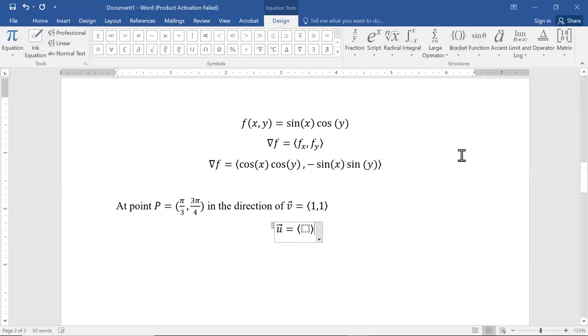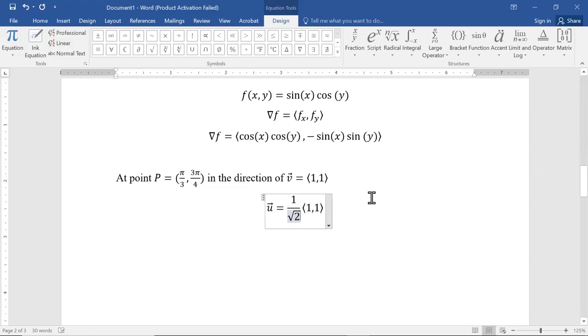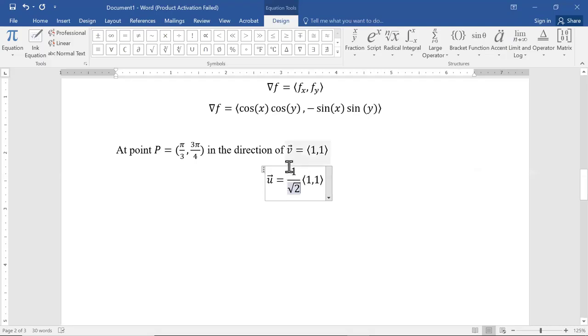So I can't just take 1, 1. I'm going to have to take 1, 1 times 1 over the magnitude of that vector. The magnitude of that vector is going to be the square root of 1 squared plus 1 squared, which is the square root of 2. So that's my unit vector.